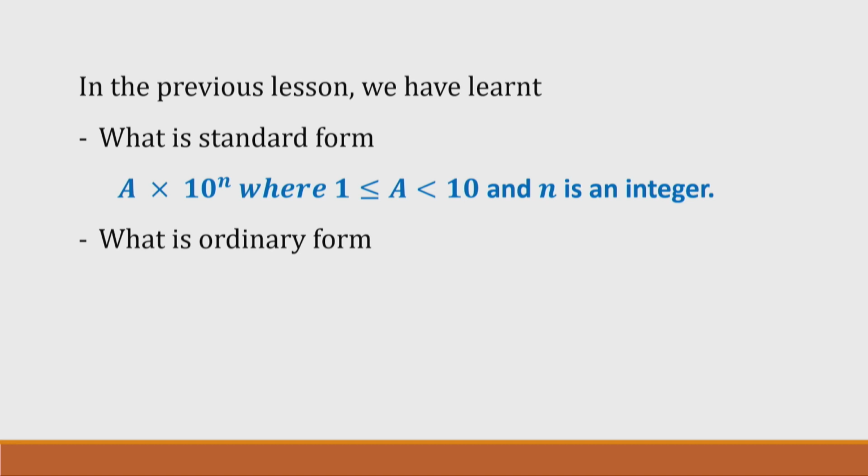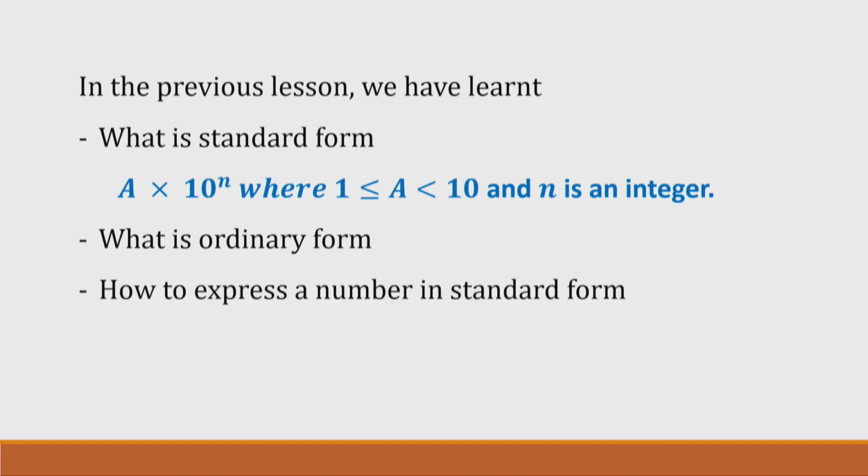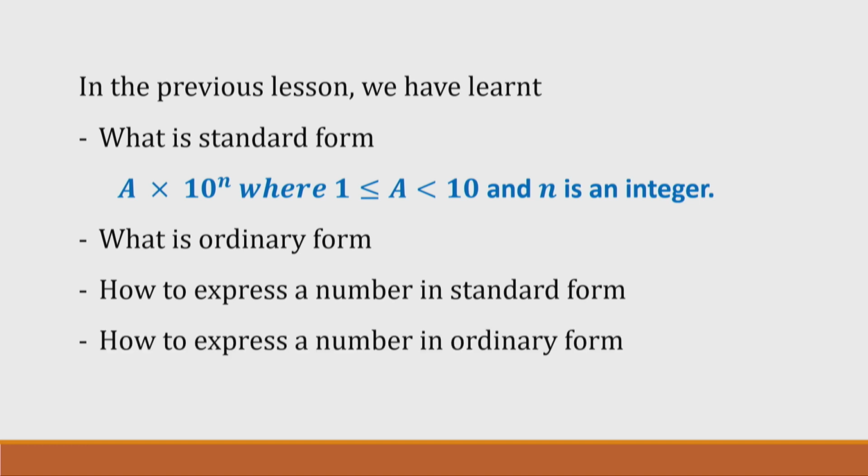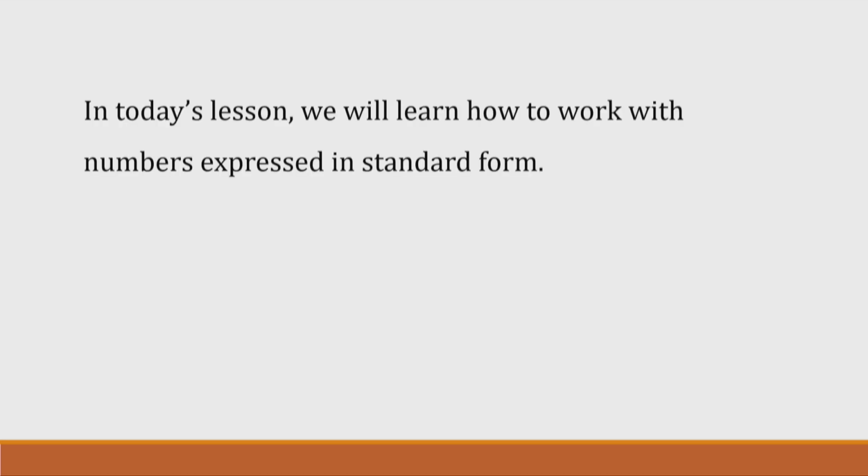We have also learned what ordinary form is, how to express a number in standard form, and how to express a number in ordinary form. So now let us start with today's lesson on how to work with numbers in standard form.